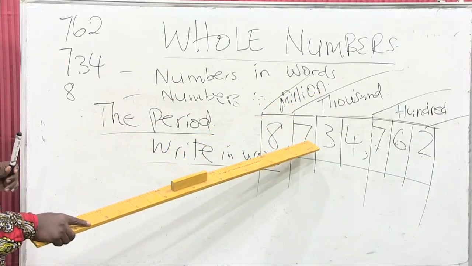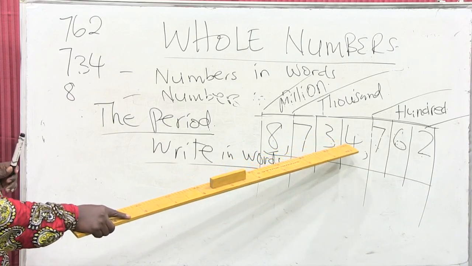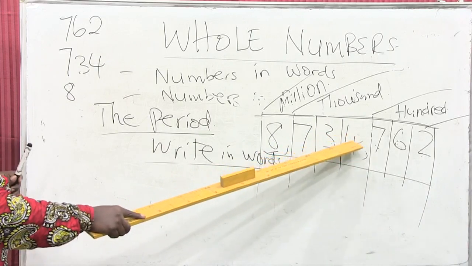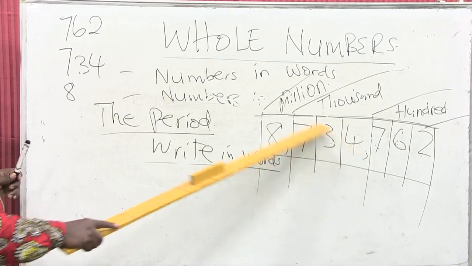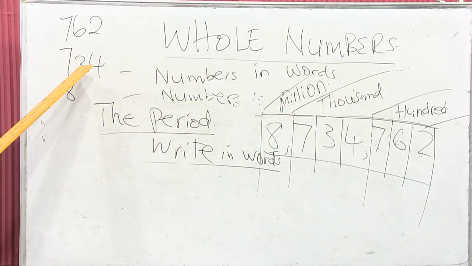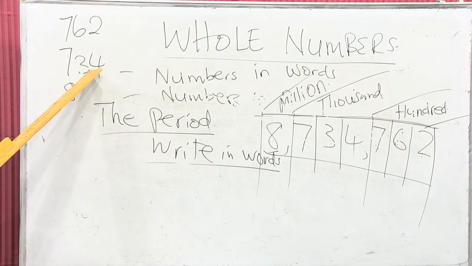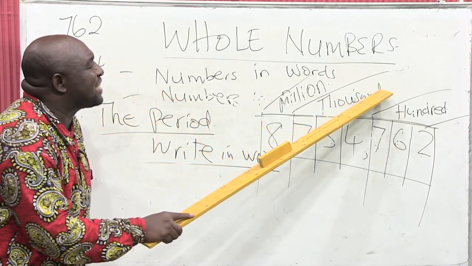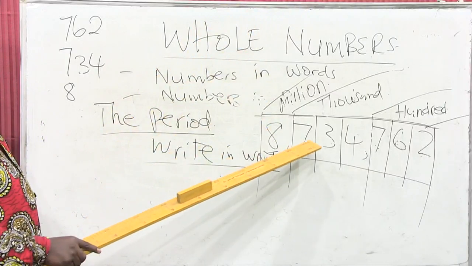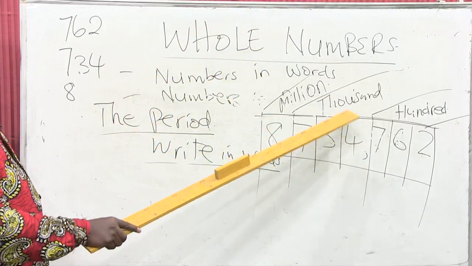Then 734, this one, 734. In which period? Thousands. So we read 734,000.